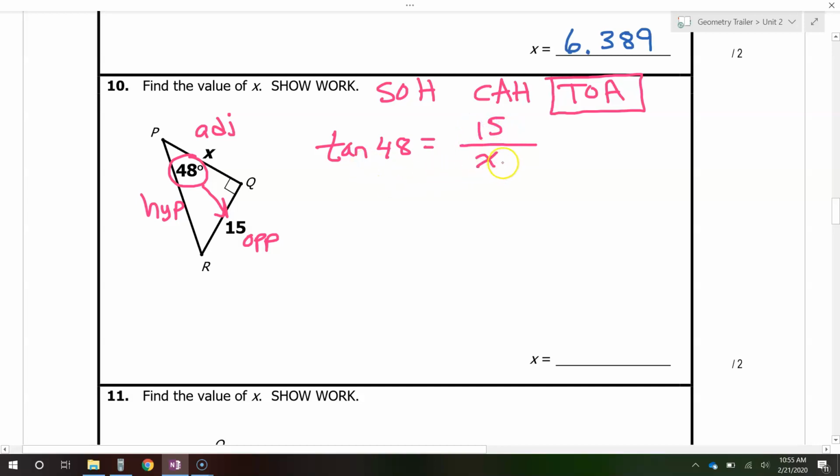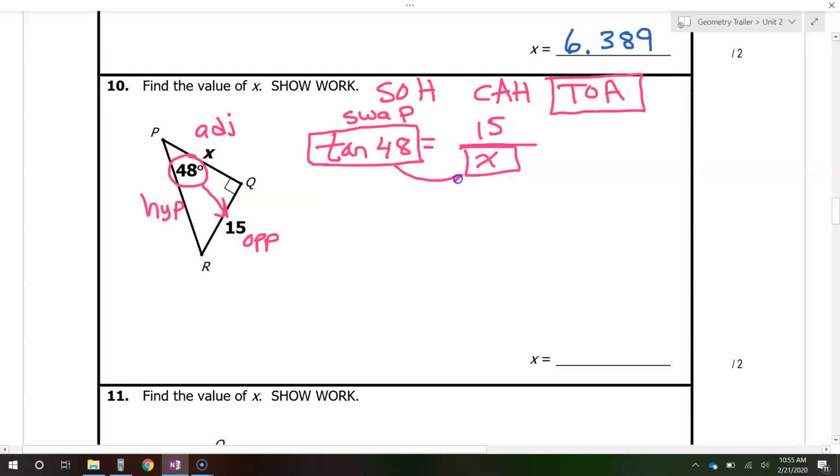All right, so this is the first time we see the angle in the denominator. When the angle is in the denominator, this is when you swap. All right, we're going to swap this and this.